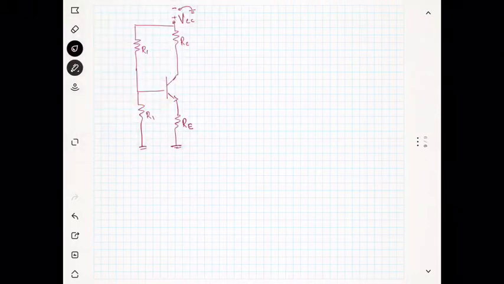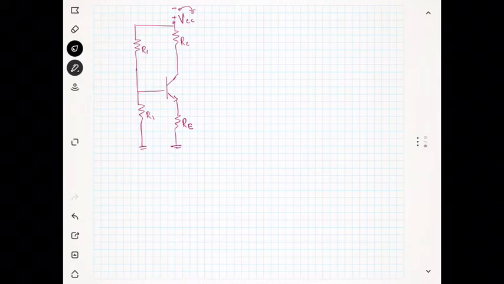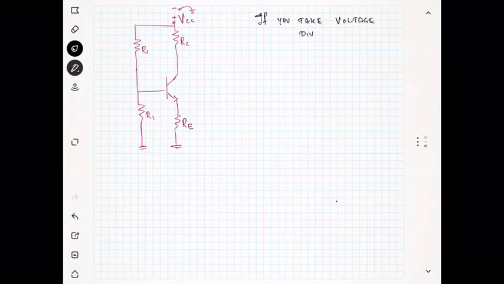Now take the voltage division part. You can see that there is a VCC and there is a voltage division.